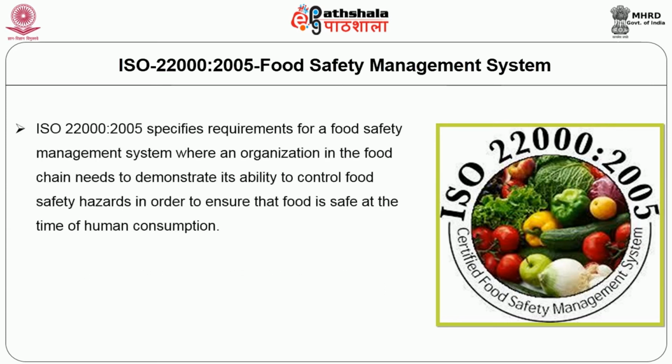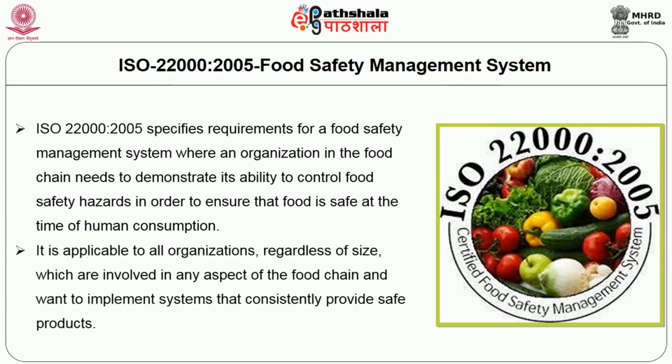ISO 22000-2005 specifies requirements for a food safety management system where an organization in the food chain needs to demonstrate its ability to control food safety hazards in order to ensure that food is safe at the time of human consumption. It is applicable to all organizations regardless of size which are involved in any aspect of the food chain and want to implement systems that consistently provide safe products.